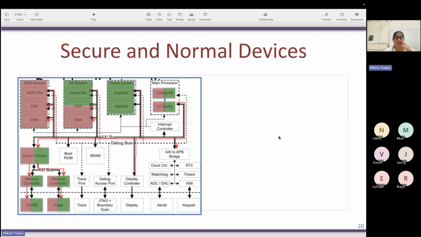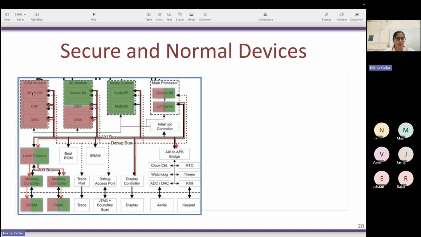And similarly, the devices are also made aware of this bit, the secure world and the non-secure world, and some of the devices can be configured to run only when the processor is running the secure world.